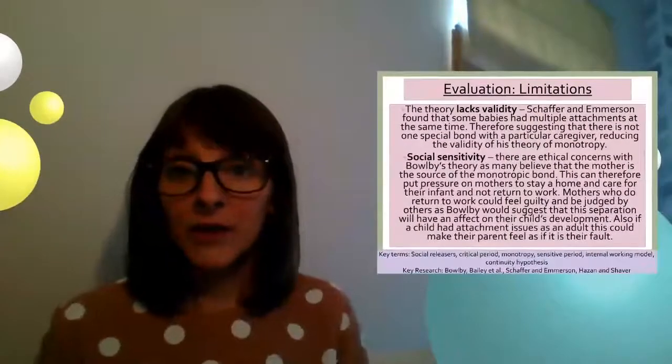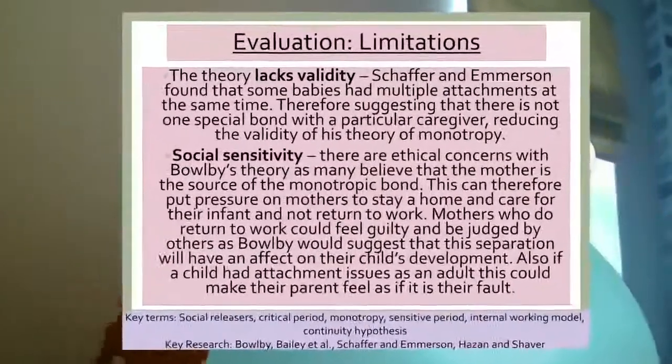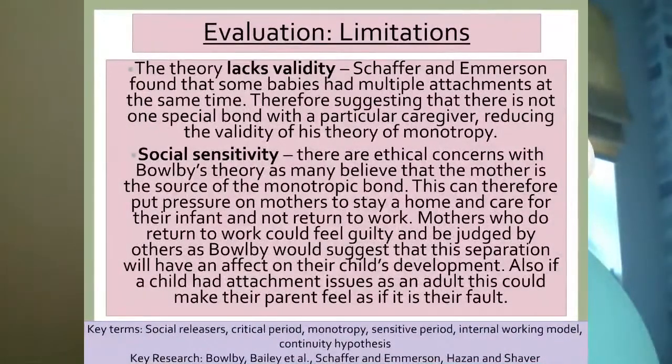So now we've got some evaluations of the theory. The first one is limitations of the theory. So it's not necessarily very valid. So if we think about if it's truthful and it applies to all situations, that doesn't occur.